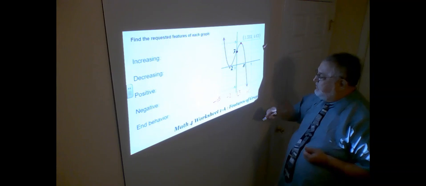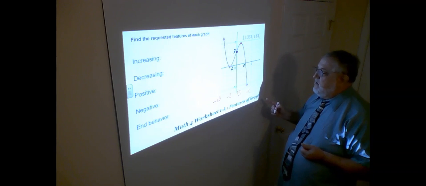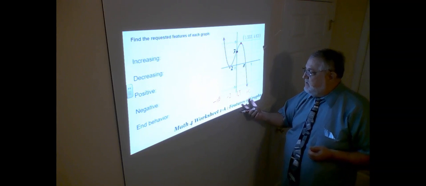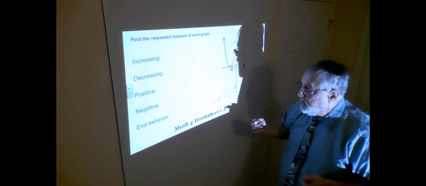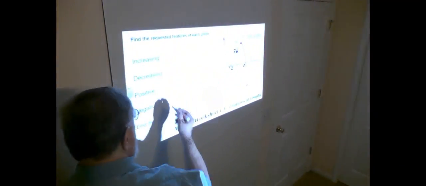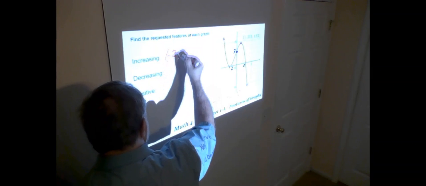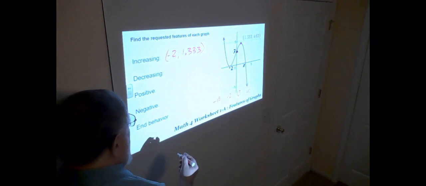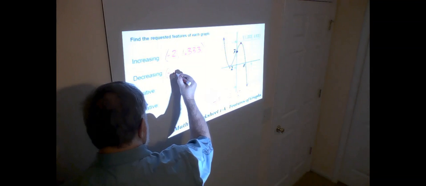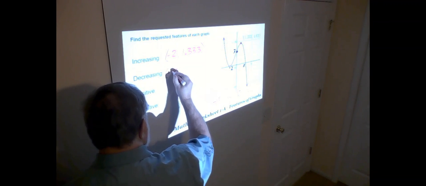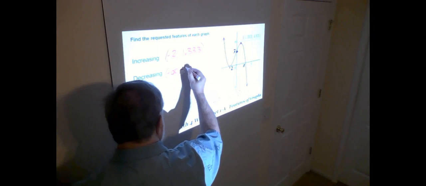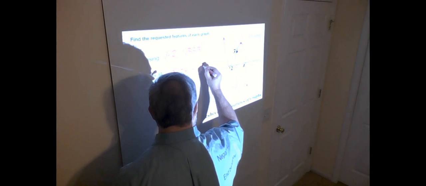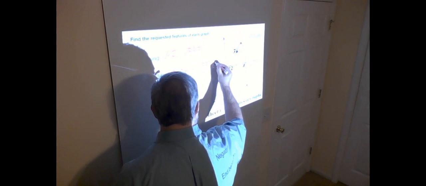So we are decreasing in the first segment and the last segment, and we're increasing in the middle. So increasing in the middle would be from -2 to 1.333, and then we're decreasing from -infinity to -2, union with 1.33 to infinity.